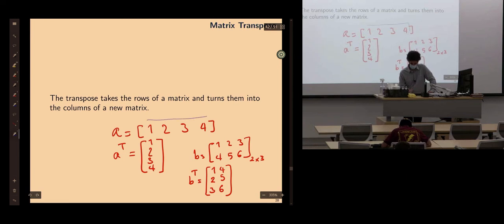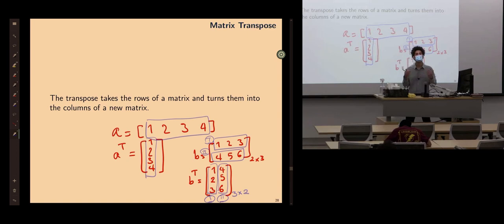So it takes a row and puts it in a column. Takes this row, puts it in a column. Second row, second column. And this is 3 by 2. Okay, so that's the matrix transpose. You can do it for vectors too. It will make a column vector a row vector, and a row vector a column vector. Okay?